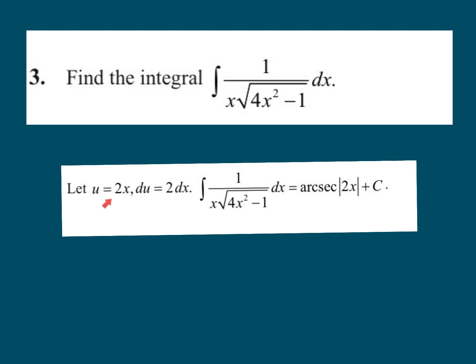You can do it as we have learned in previous lessons, using this change of variables, u equal to 2x. You know that the derivative of arc secant of 2x is this function. Okay, let's try to do it using the new trigonometric substitution.